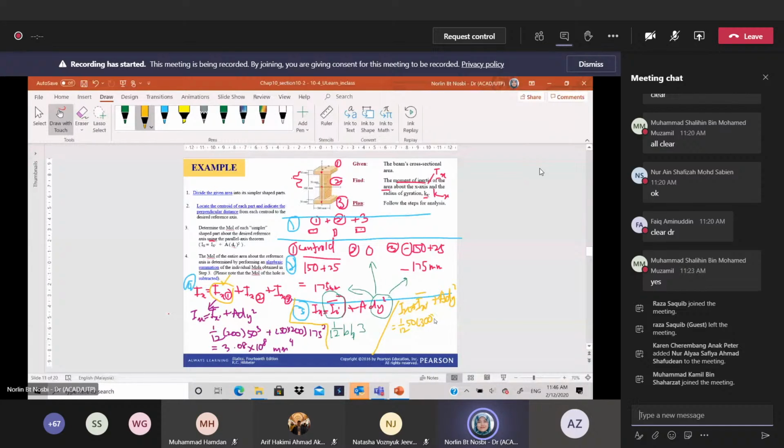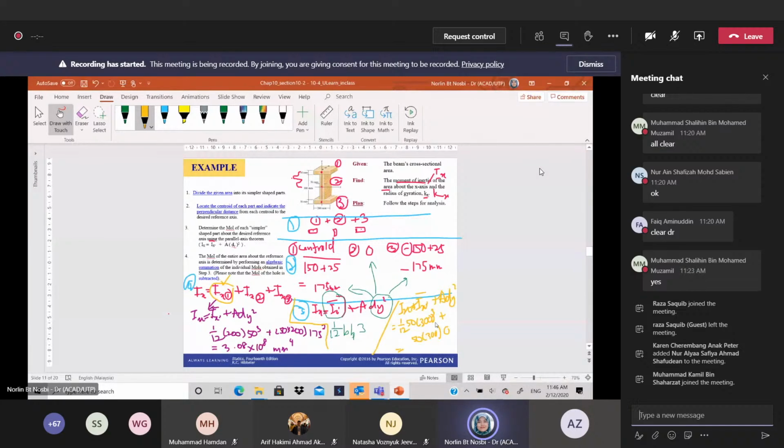What is the area? 50 times 300. And then how about the length to the centroid? It is 0. So you have to times 0. So the only thing left is 1 over 12 times 50 times 300^3. So what is the answer? What did you get? This one is for part 2.